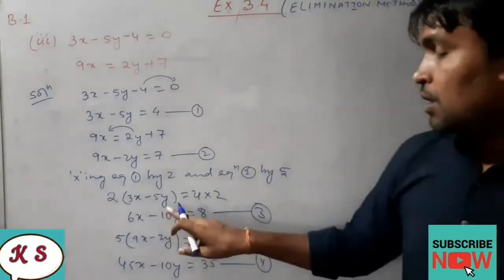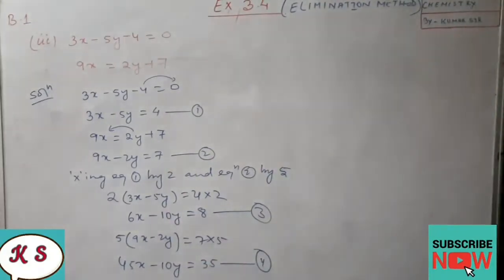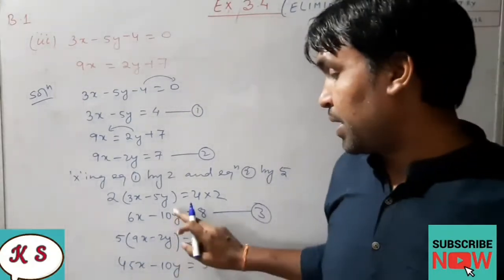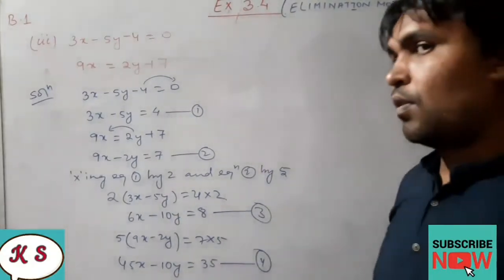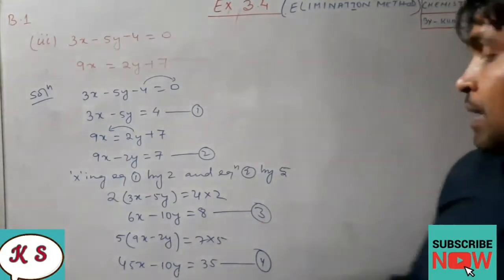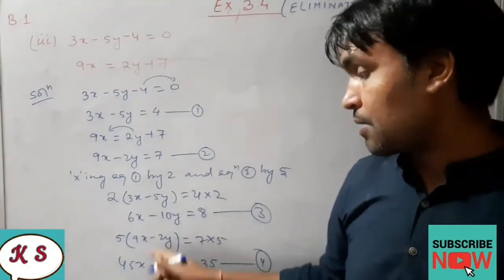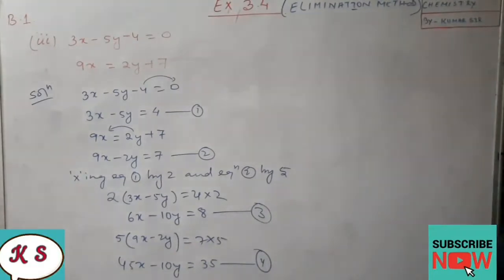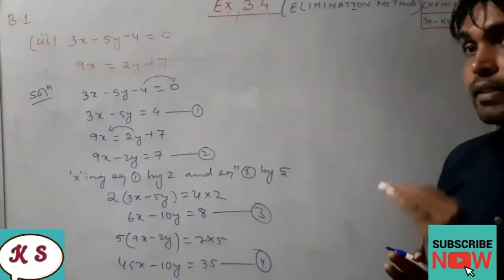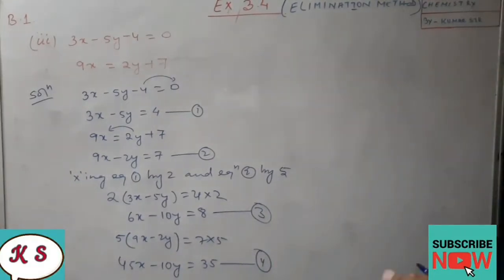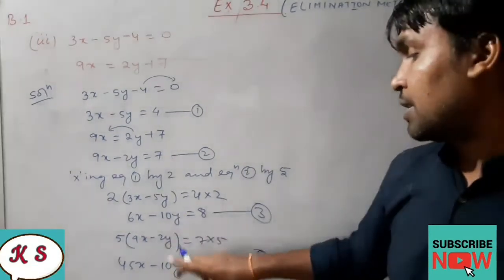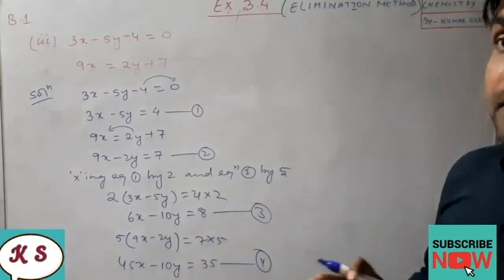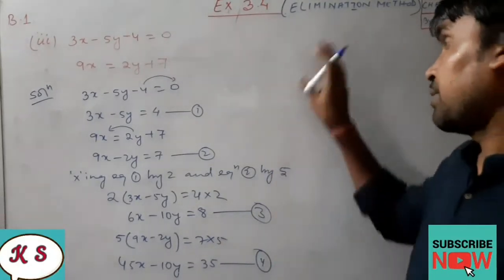Now you see here the terms which we have made equal, that is the y term, by multiplying with the coefficient of each other, but the sign here is minus, minus. As I have already told you, dear students, the term which we are going to cancel is the y term, and if the signs of the y term are opposite, then we add.